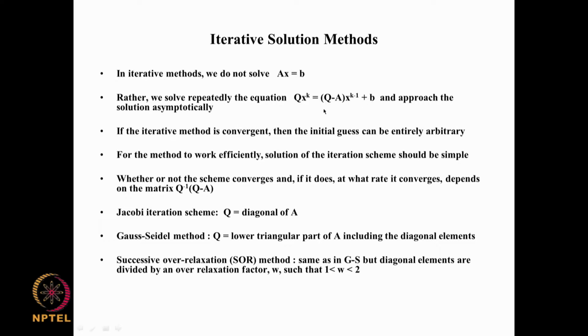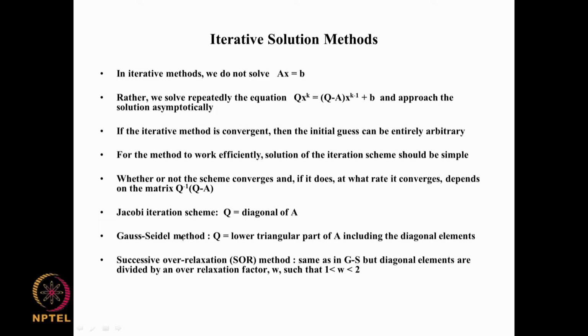Solving this n times should be easy, and solving the set of these n equations iteratively, the number of iteration steps should also be small, or the rate of convergence should be fast. If we have all these things, then we can have an effective way of computing Ax equal to b. Even though it is going to approach the solution asymptotically, we still have an effective method that can be used.